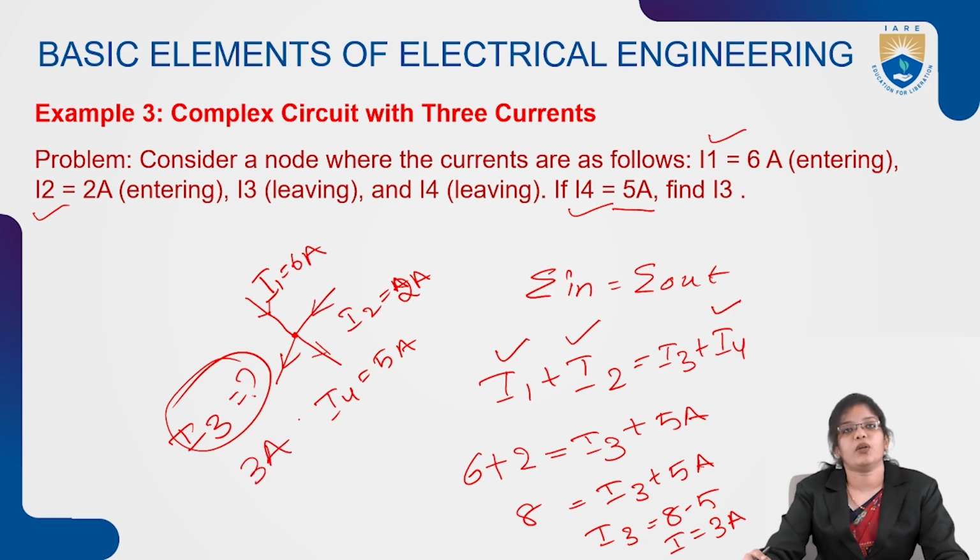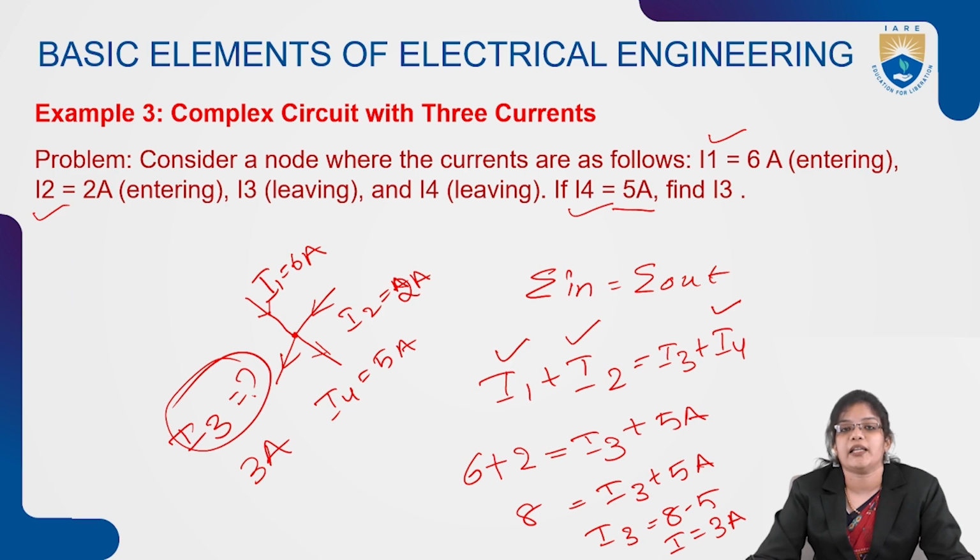In this way, we need to calculate the currents which are entering into the junction and which are leaving out of the junction. So Kirchhoff's current law states that the sum of currents entering into the junction will be equal to the currents leaving out.